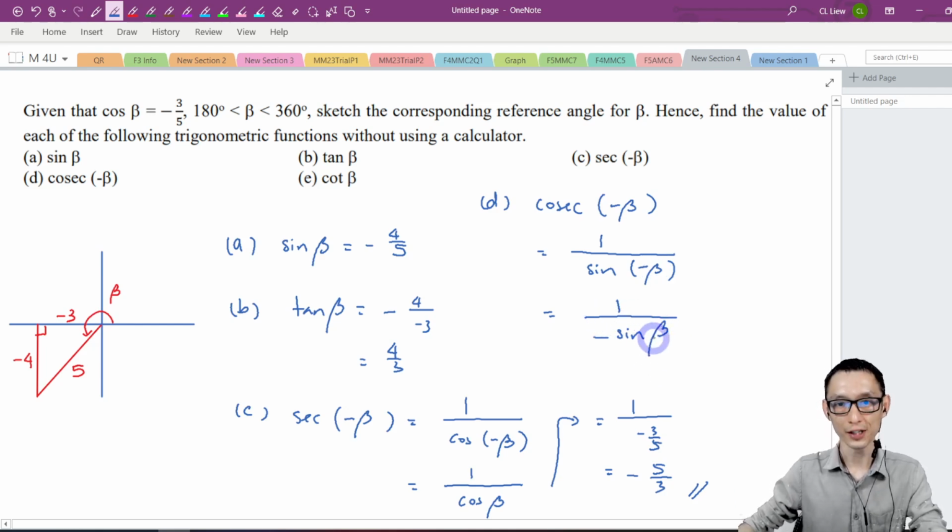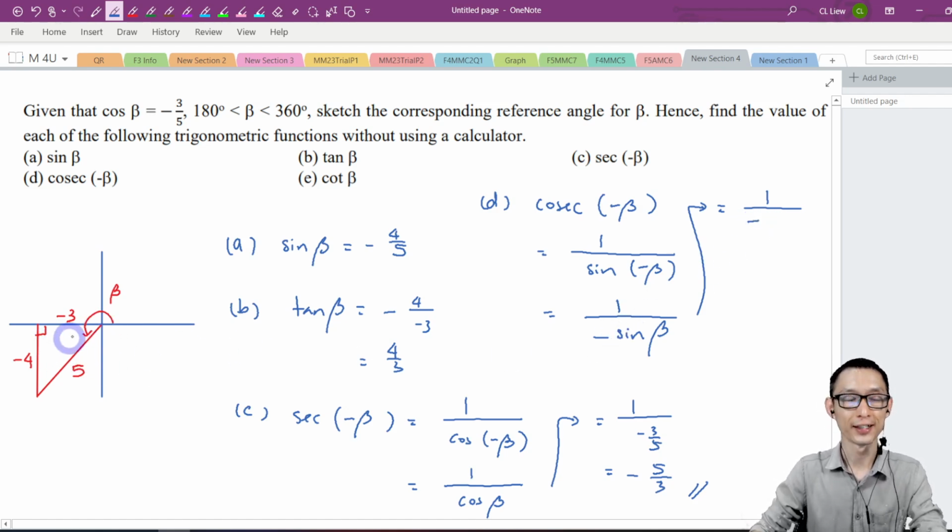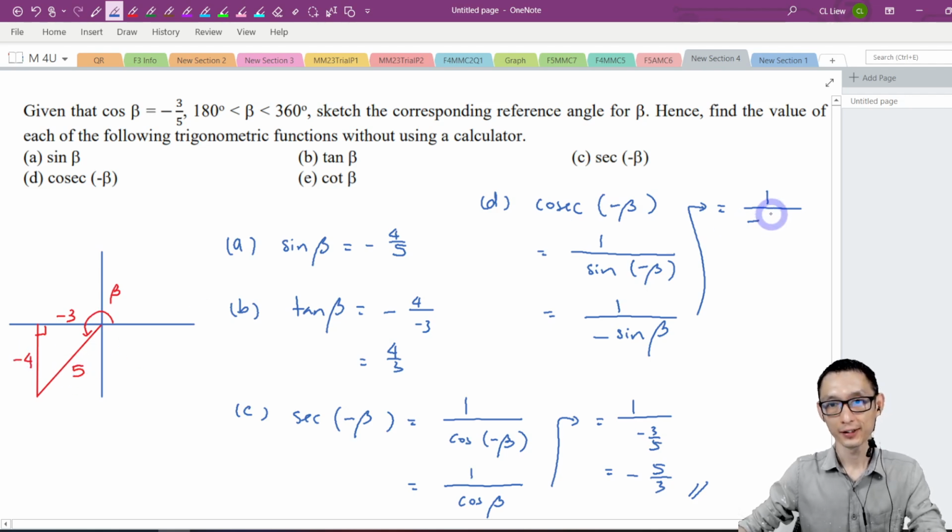Okay, so next step, copy the negative sign and refer to this triangle again. SOH, sine, opposite divided by hypotenuse, negative 4 over 5. Negative, negative become positive. 1 divided by this, 1 divided by 4 over 5, it will become 5 over 4.